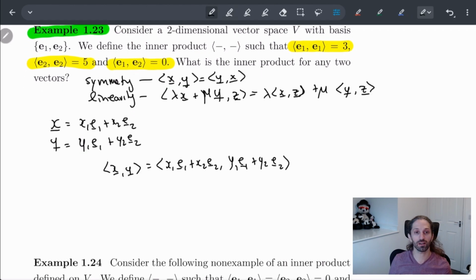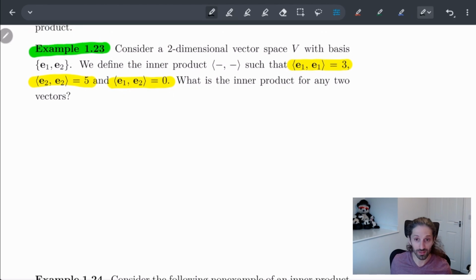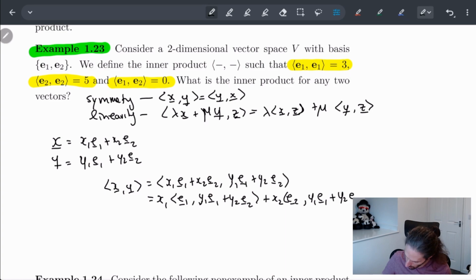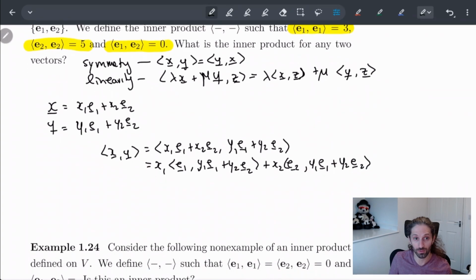First we do linearity in the first argument. So here we have x1 <e1, y1 e1 + y2 e2> plus x2 <e2, y1 e1 + y2 e2>.